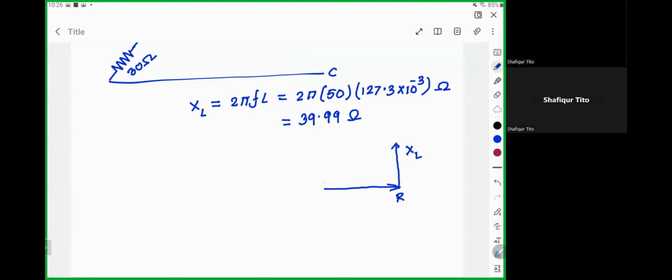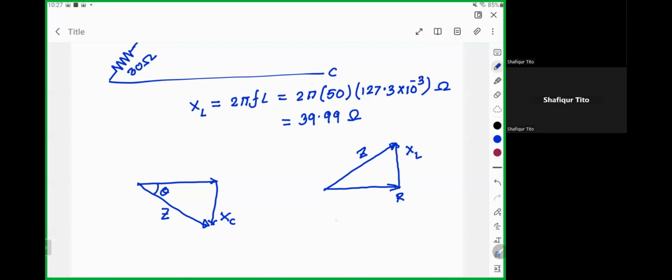Okay. So these things we have to remember. This is XL, but if you have a capacitor, that will be downward direction, XC. And that will give me the impedance Z, with angle theta. Okay, XC will be downward direction always, and XL will be the upward direction.